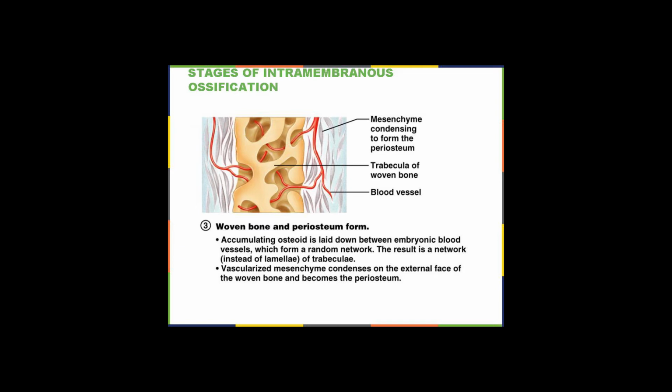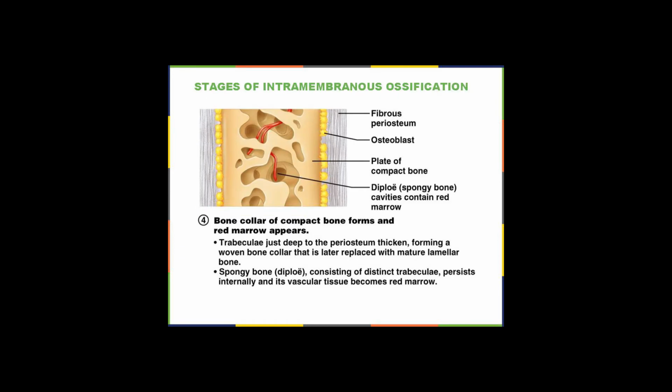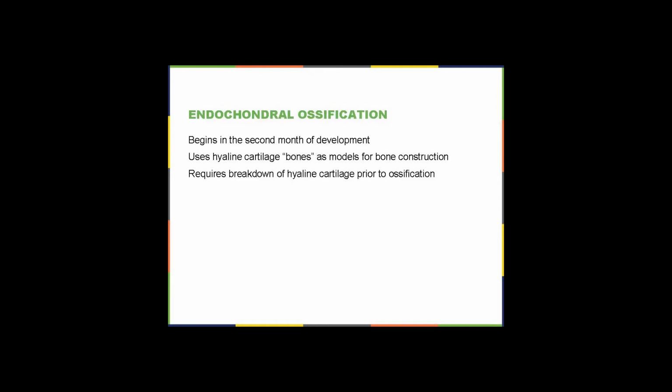Then we're going to invade it with blood vessels, and our spongy bone will begin to form. We get the formation of the medullary cavity, the appearance of secondary ossification centers, and the epiphysis. And then we get ossification of the epiphysis, but again, that hyaline cartilage is going to remain, and that's going to be our epiphyseal plate, epiphyseal growth plate, which disappears with adulthood.